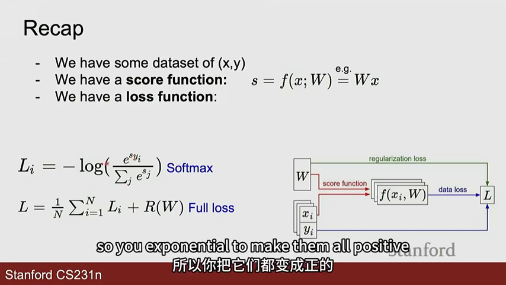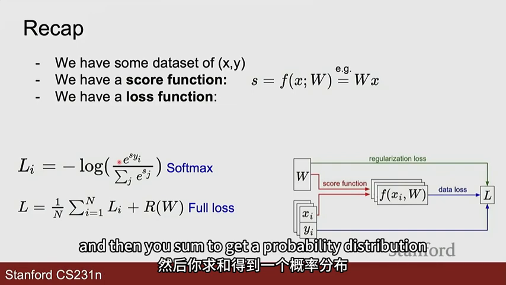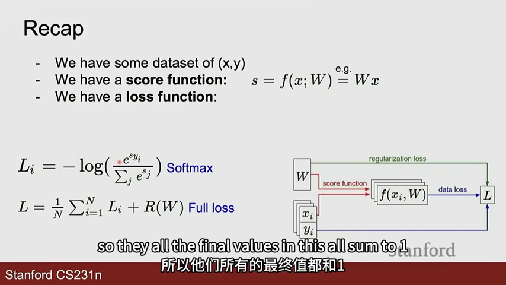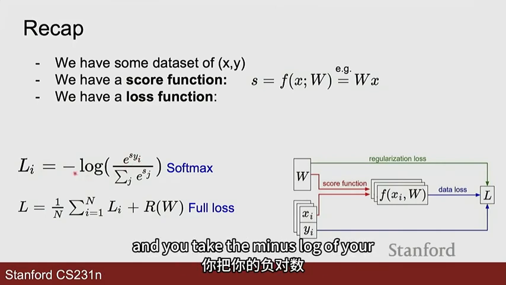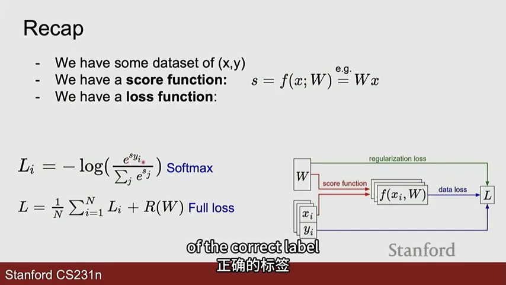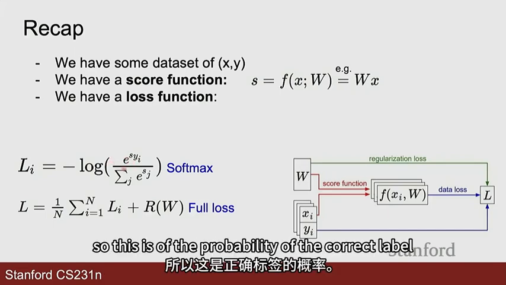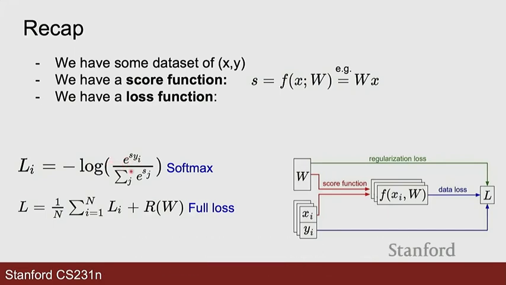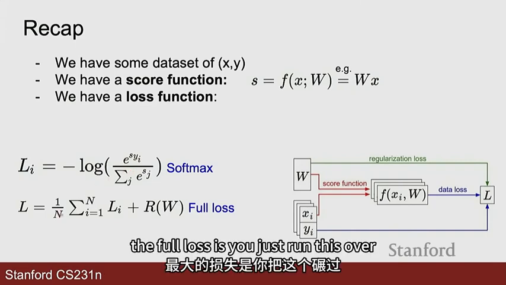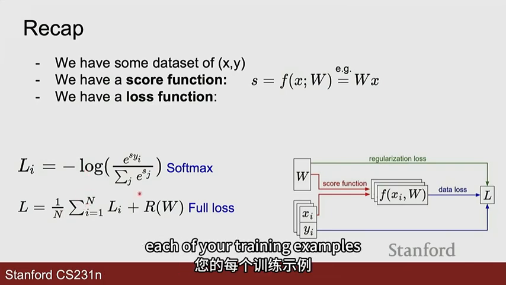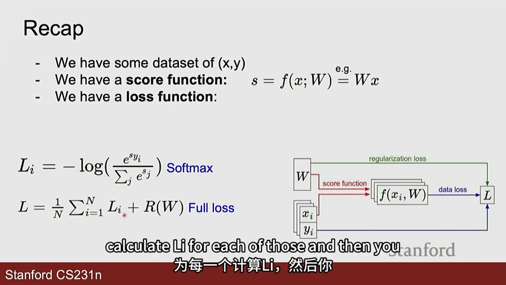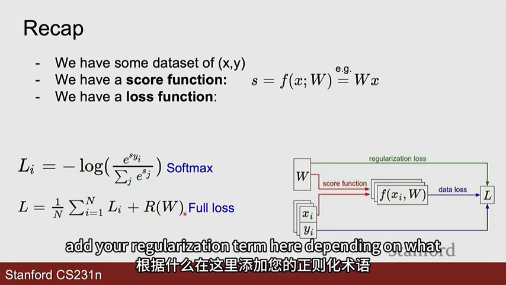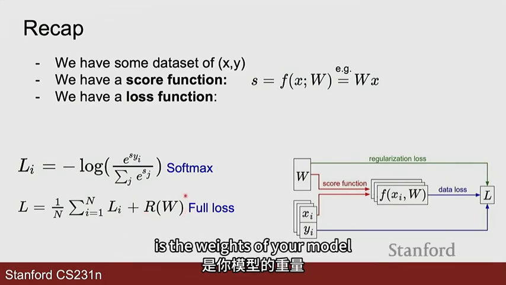You exponentiate to make them all positive, and then you normalize to get a probability distribution, so the final values all sum to 1 and you have a probability for each class. You take the minus log of the probability of the correct label, which is given here. And the full loss is you just run this over each of your training examples, calculate L_i for each of those, and then you add your regularization term, depending on the weights of your model.